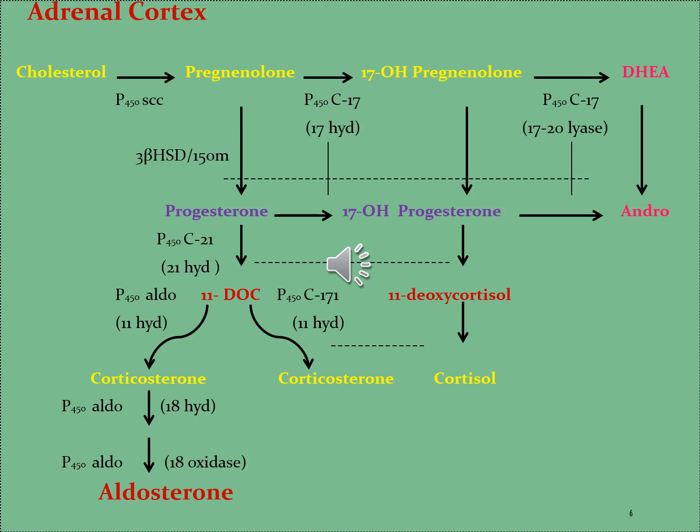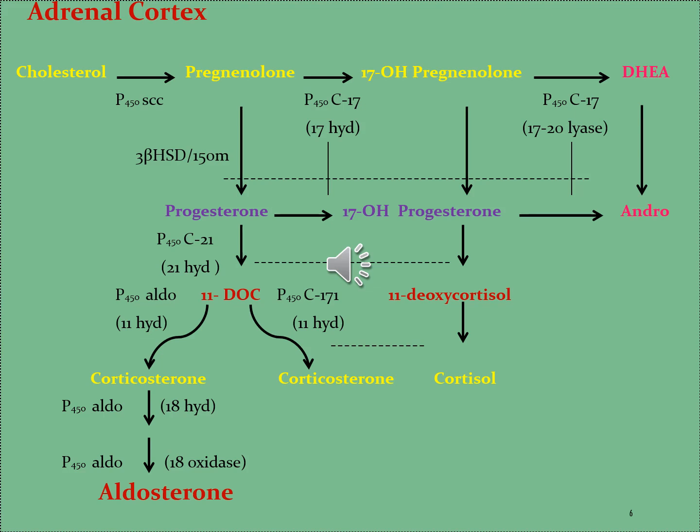The 3-beta HSD complex is responsible for the conversion of pregnenolone to progesterone, 17-alpha hydroxypregnenolone to 17-alpha hydroxyprogesterone, DHEA to androstenedione, androstenediol to testosterone. In this way, the pregnenolone is converted into progesterone by the effect of enzyme 3-beta HSD.